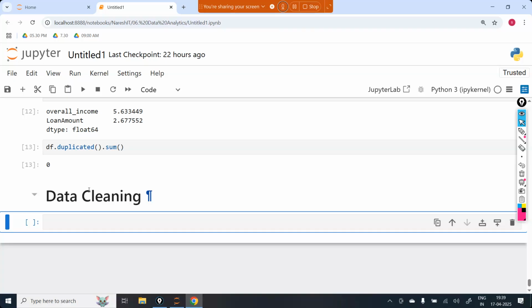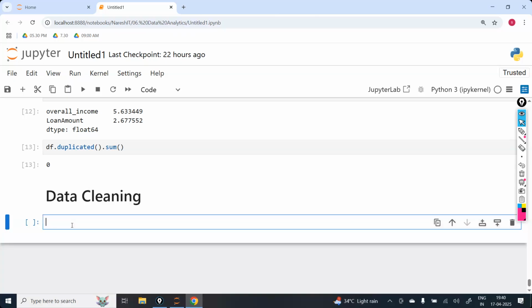First we have to observe which columns have the wrong data. In the last class, did you see which columns have wrong data? Dependents. The number of dependents column has the wrong data. So we have to replace it.